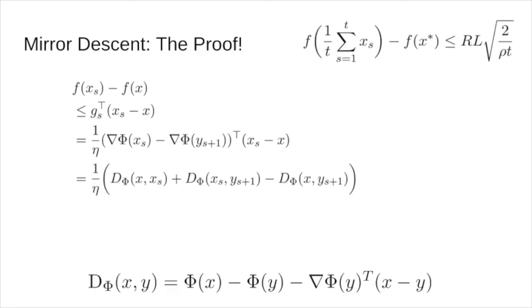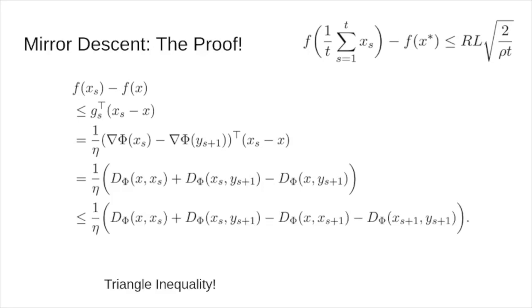Using the definition of Bregman divergence, we can replace those two quantities with three quantities that are just Bregman divergences. So this is nice because now we're just in this Bregman divergence space. And then finally, we can use the triangle inequality. Although the Bregman divergence is not a metric, it does satisfy the triangle inequality to turn that last term into two terms.